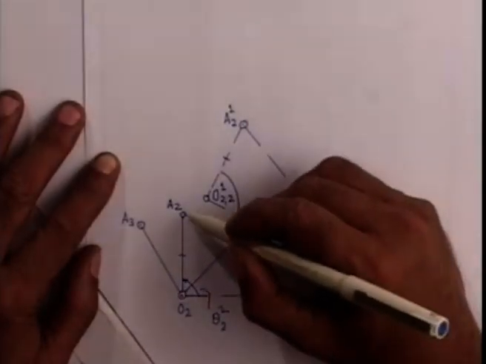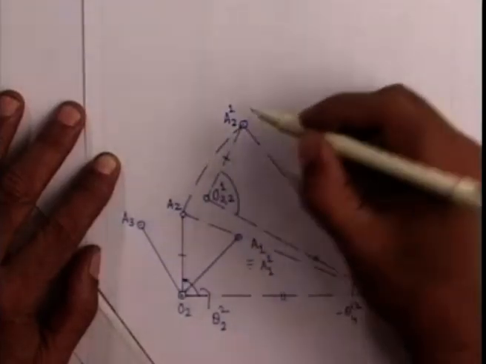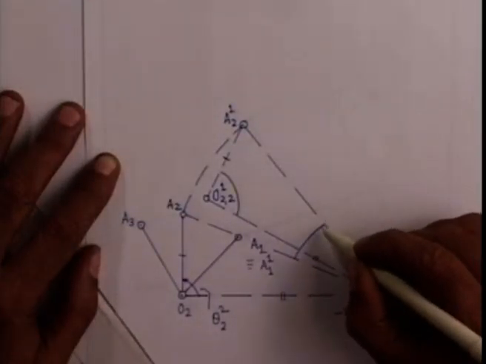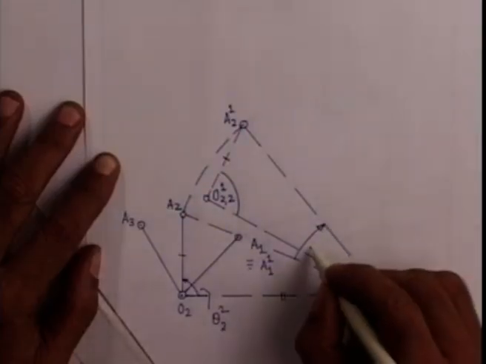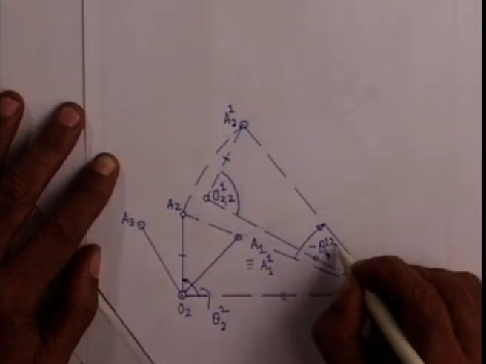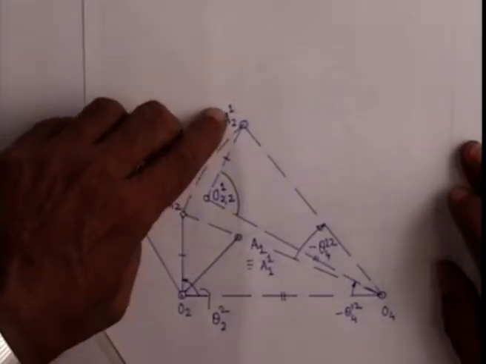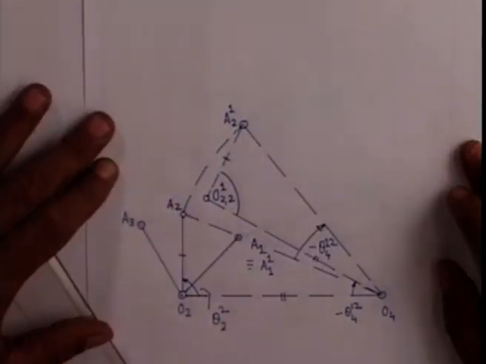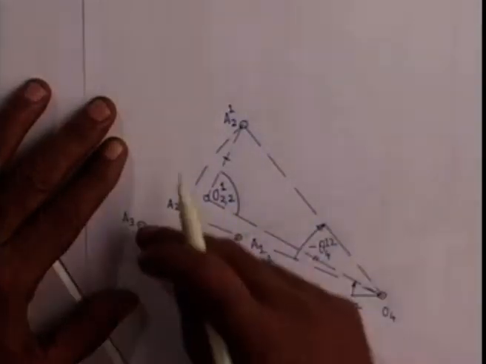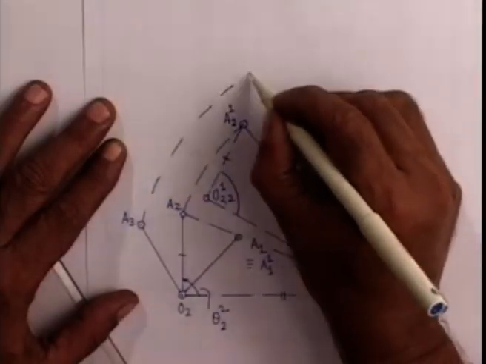So I can go from A2 to A21 by rotating O4A2 through an angle minus theta 412. This is the principle of getting the inverted position of A2 inverted on the first configuration. Exactly the same logic can be applied to get the inverted position of A3, by rotating O4A3 about the point O4.